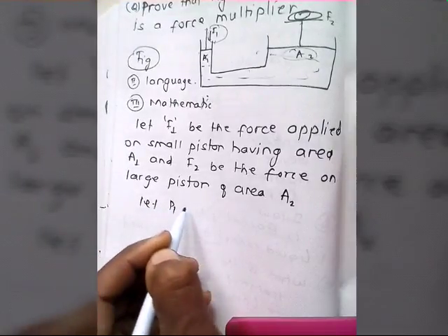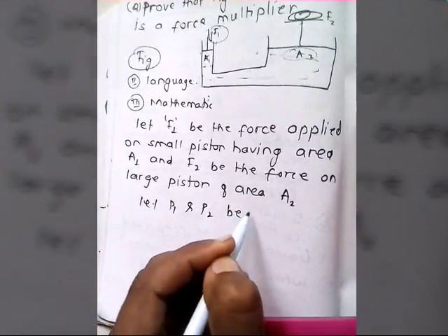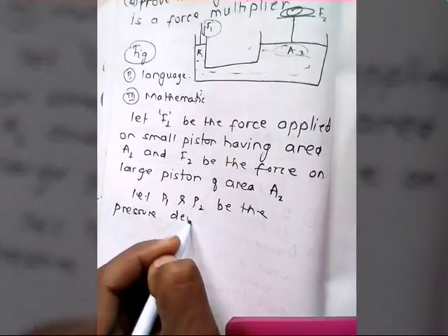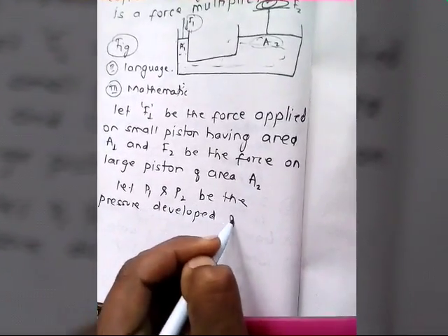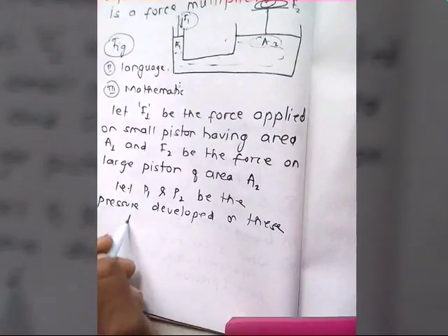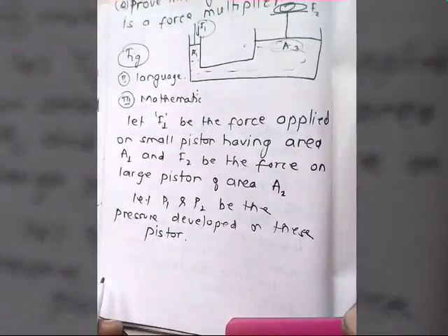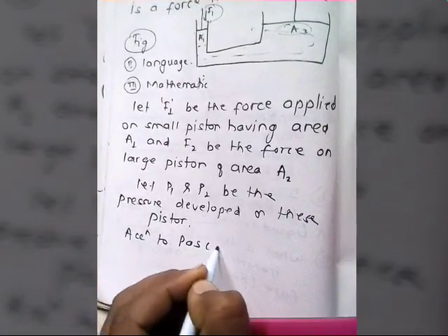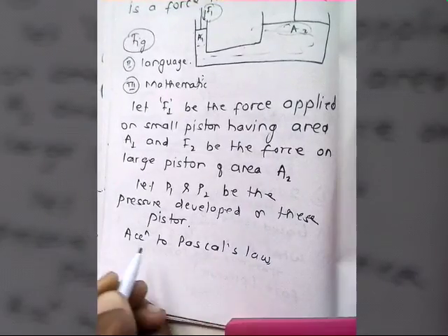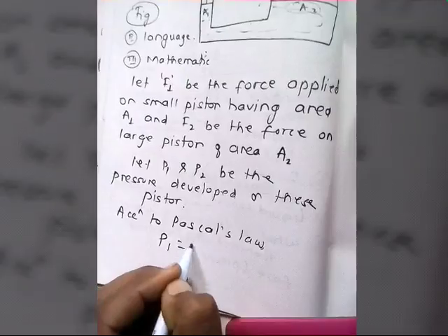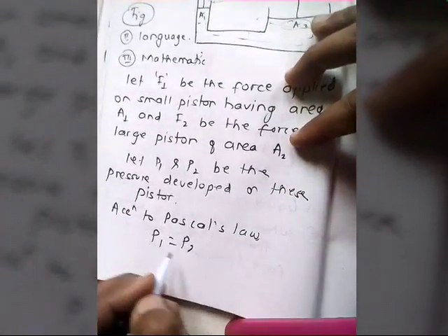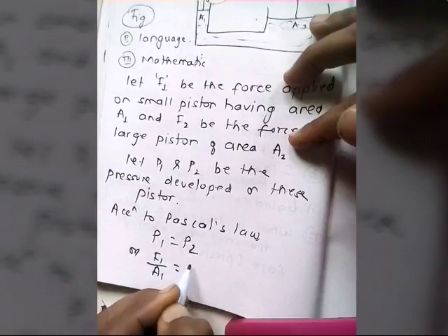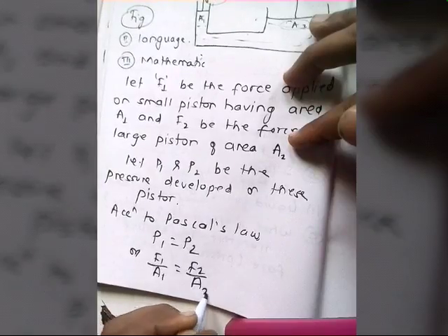Let P1 and P2 be the pressures developed on these pistons. Now according to Pascal's law, P1 must be equal to P2. In place of P1 we can write F1 divided by A1 equals F2 divided by A2.